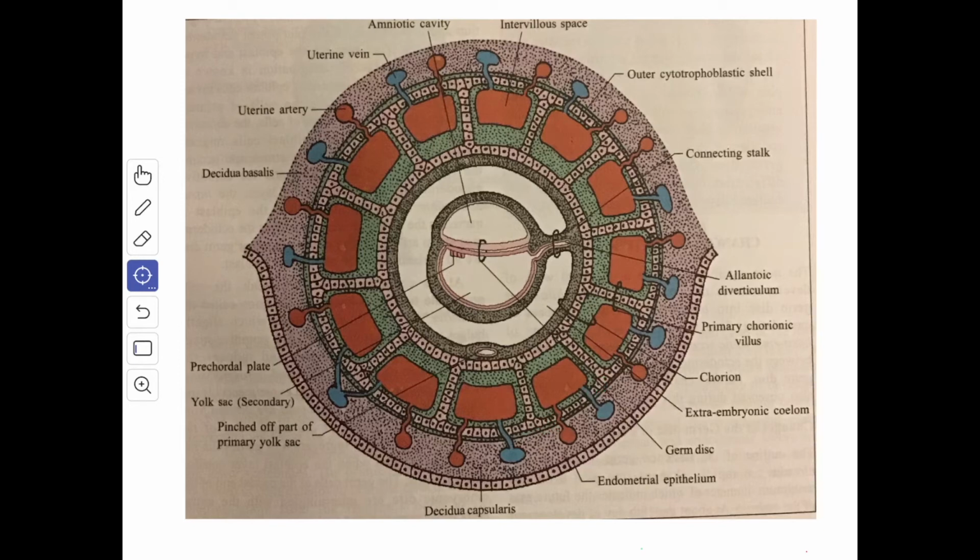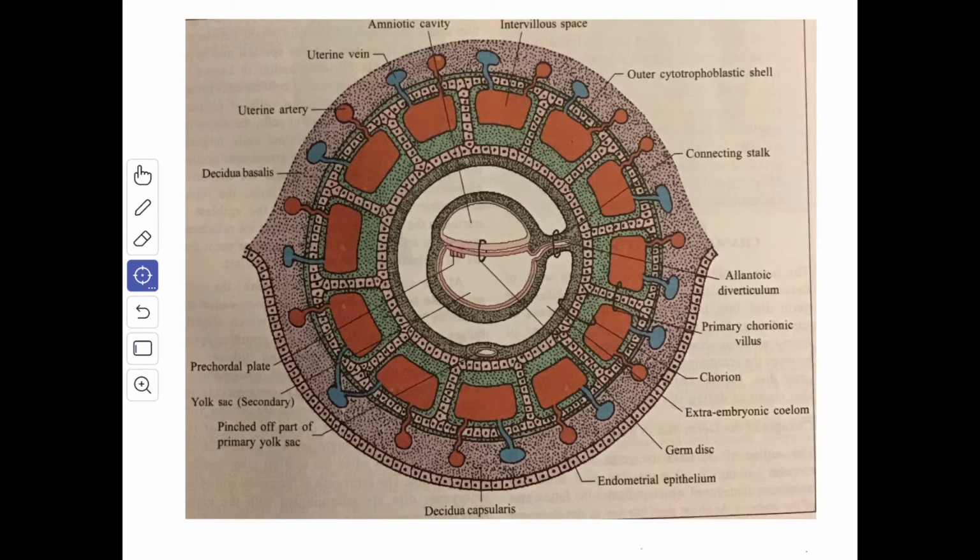The cytotrophoblast shell divides the syncytium of the outer wall of the intervillous spaces into outer and inner layers, both of which subsequently exhibit some fibrinoid degeneration.